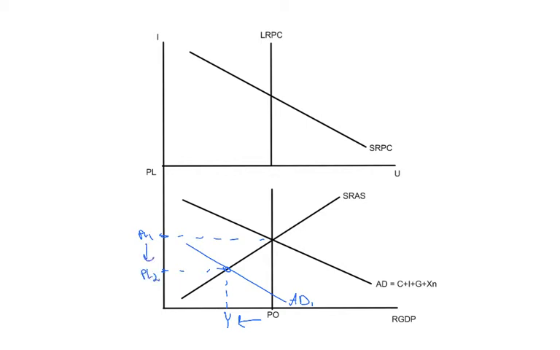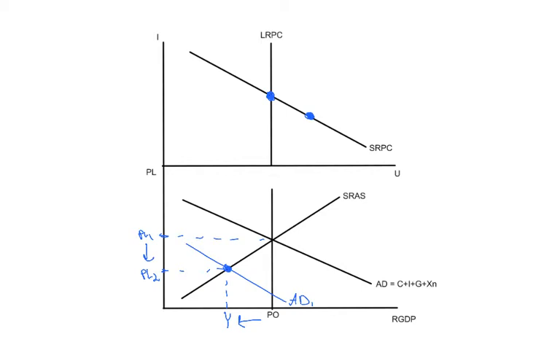Now, we can say here that, again, expected inflation does not equal actual inflation. So we have moved to the left along the aggregate supply curve because of the change in aggregate demand. That is a movement to the right along the short-run Phillips curve. So we have moved from our equilibrium point where actual and expected inflation are equal to this point that's further down the curve but out of equilibrium.